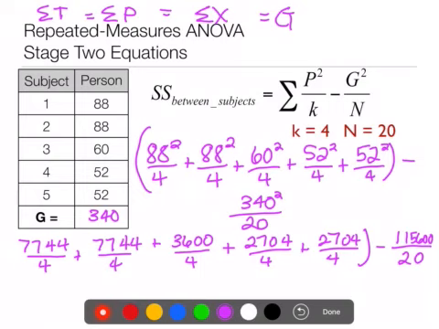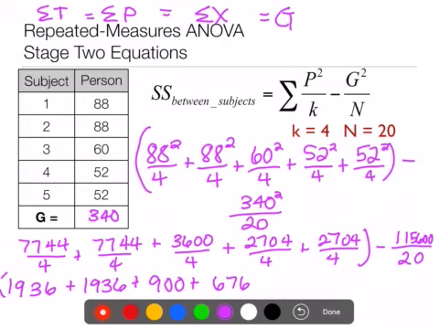7,744 divided by 4 is equal to 1,936. Helps when we have these same values. 3,600 divided by 4 is equal to 900, plus 2,704 divided by 4 is equal to 676. And we'll add those together.